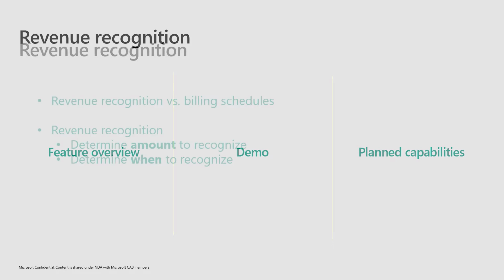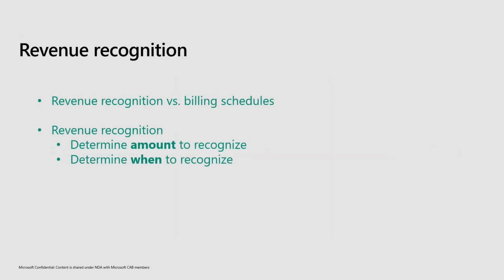Okay, so let's just quickly talk about, first thing is, what is revenue recognition versus billing schedules? So as many of you know, we did acquire the functionality from Armanino. And as part of that, we did actually get both of these pieces of functionality. They are not both going to be delivered at the same time.